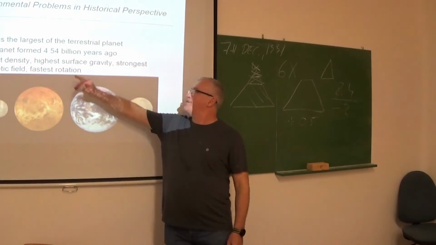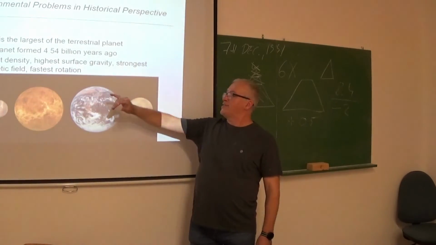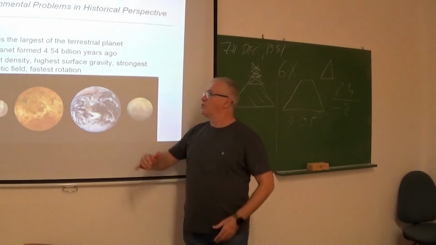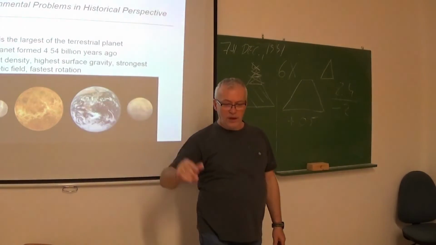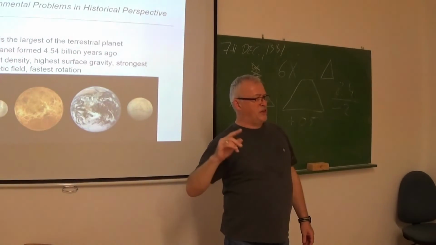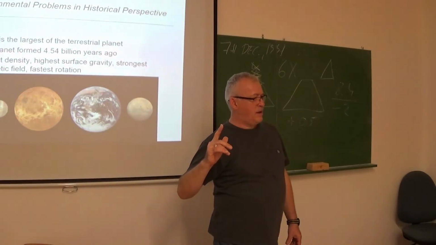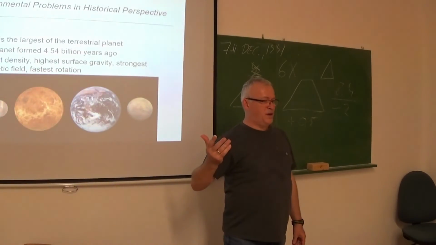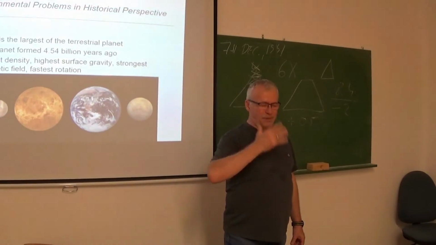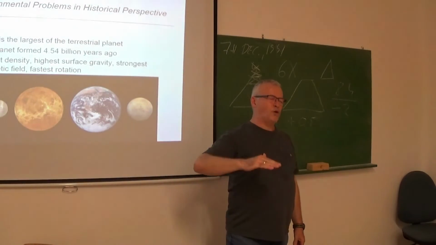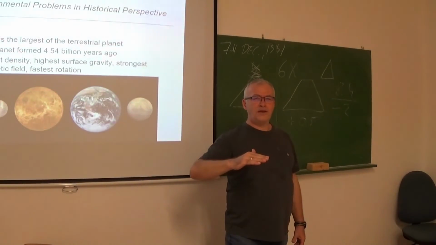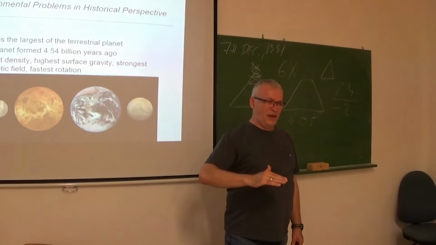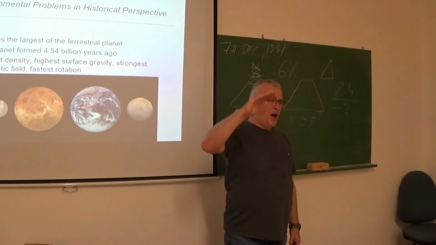Earth has the highest density, highest surface gravity, and the strongest magnetic field, which is very important because it protects us from the universal radiation, and the fastest rotation. Faster, but slowing down. You know why? This is the consequence of the moon, because of the moving of water, the flooding up and flooding down.